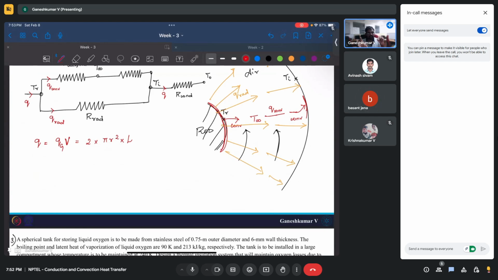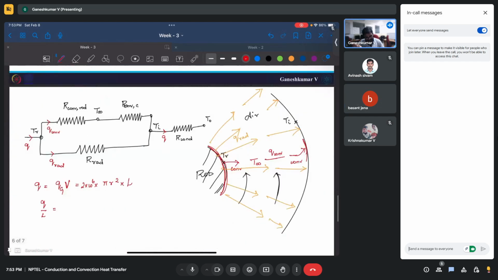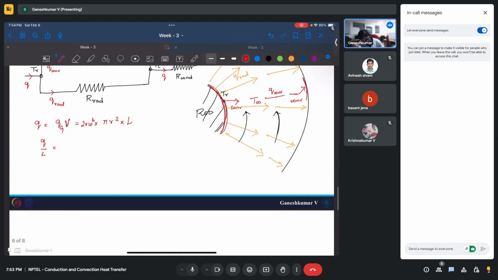Now we don't know the length. We are asked to find for per unit length, so we want to find Q by L. The 2 megawatt per meter cube is what is given in the question, so 2 into 10 power 6 is QG, basically. And V is nothing but pi r square into L. Since we are asked for per unit length, we take the L to the other side.